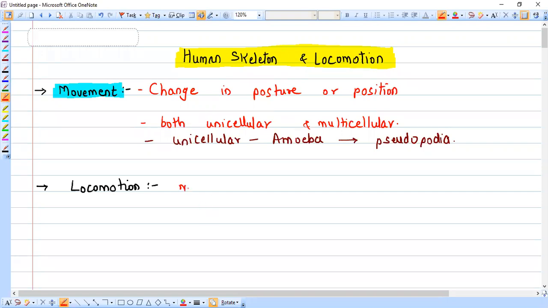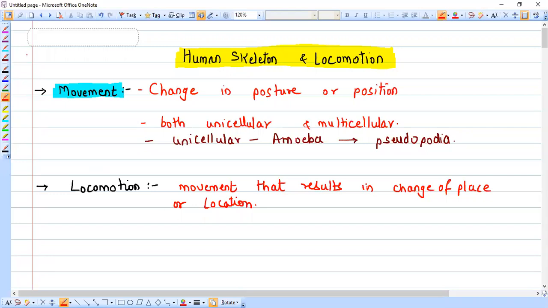That is called locomotion. So when you are doing movement and if there is a change in the place or location, it is called locomotion.